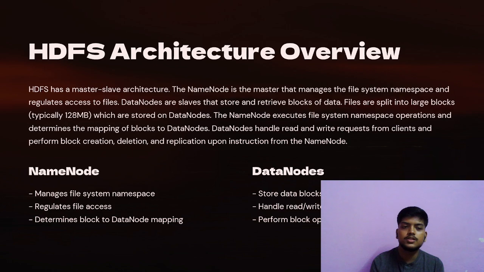Files are split into large blocks, typically 128 MB, which are stored in DataNodes. The NameNode executes file system namespace operations and determines the mapping of blocks to the DataNodes. DataNodes handle read and write requests from clients and perform block creation, deletion, and replication upon instructions from the NameNode. NameNode manages the file system namespace, regulates file access, and determines block to DataNode mapping. DataNode stores data blocks, handles read and write requests, and performs block operations.